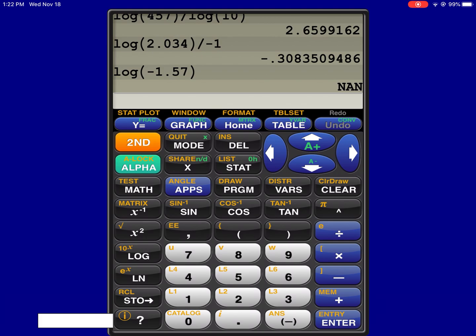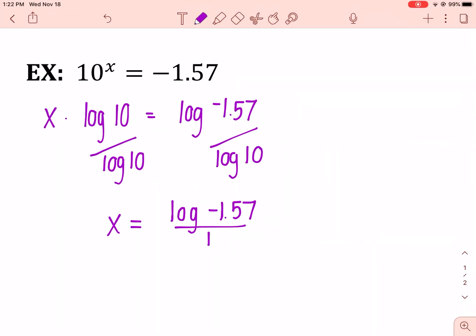Your calculator helps you, but you should know from the beginning this won't be able to work. Okay, you cannot have a negative argument. I'm going to even write a note here: no negative argument. If you accidentally forget and you try to solve, you'll get an error. So that's why in the end we know this is not possible.